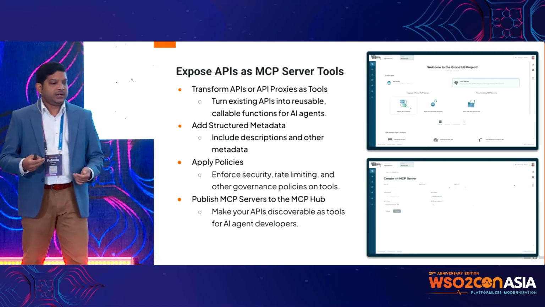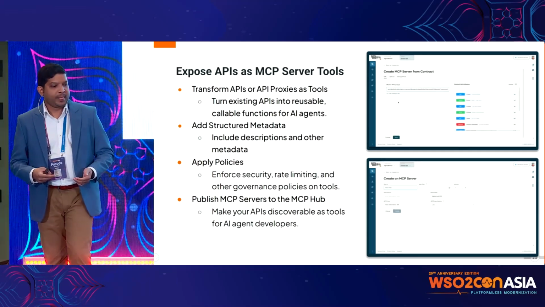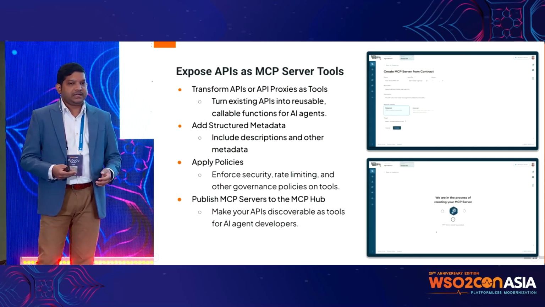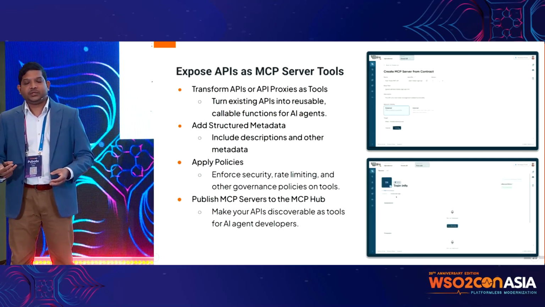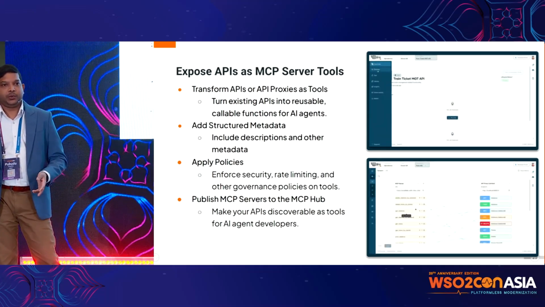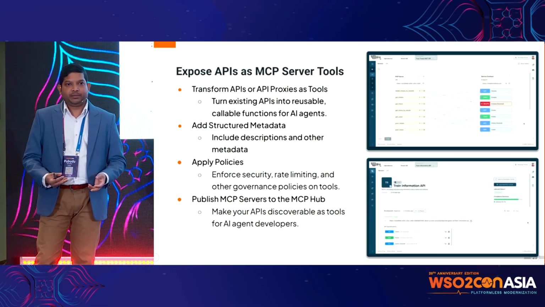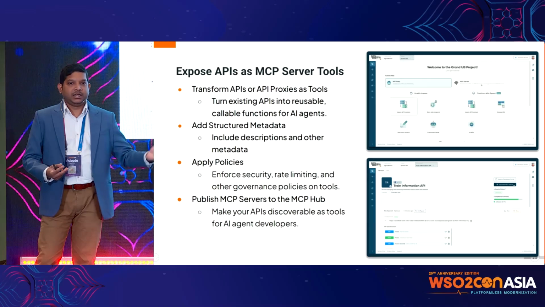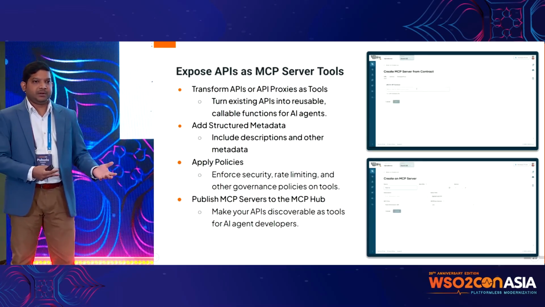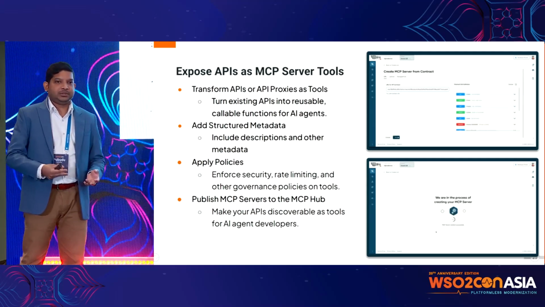Right, so let's look at some of the capabilities that we have introduced when it comes to MCP server management. Let's say you have a backend service written in any language where you expose a REST service. You can bring your OpenAPI definition and convert your backend service into an MCP server. Then you can add documentation and descriptions.